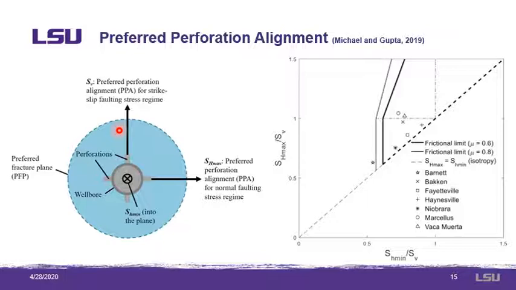For reference, on the plot on the right side, I show an allowable stress state diagram with the stress states of 7 prolific shale plays on which we perform case studies, the results of which will be shown in the next section. 5 of those, the Barnett, Bakken, Eagle Ford, Haynesville, Niobrara, are normal faulting stress states, and 2 of them, the Marcellus shale and Vaca Muerta shale from Argentina, are strike slip fault regimes.